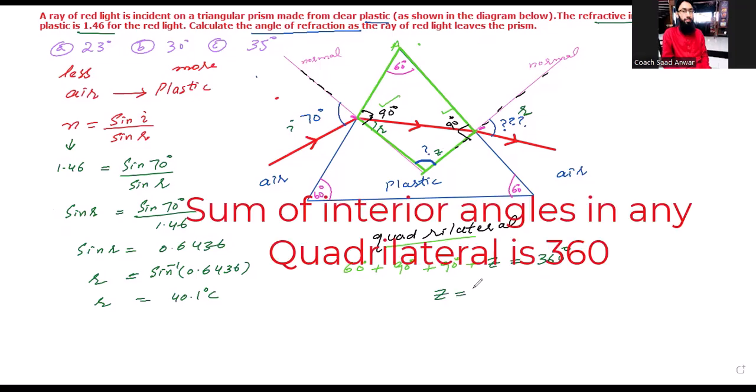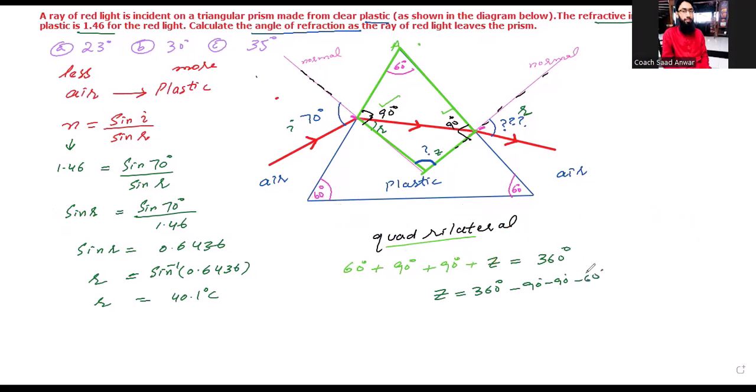So Z will be equal to 360 degrees minus 90 minus 90 minus 60. When I solve this, Z will be equal to 120 degrees. Okay, guys, correct.